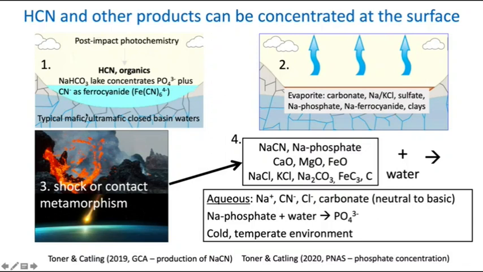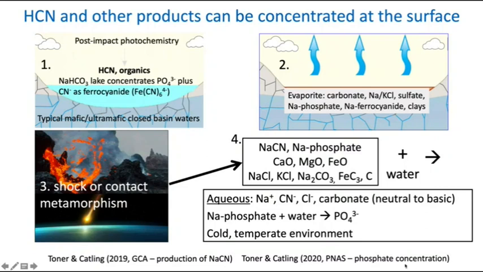And cyanide will form a complex of ferrocyanide in solution. And if the closed basin lake evaporates, then these species will get concentrated. Also, by removing the calcium from solution as carbonate, phosphate that is fluxed in from weathering of the surrounding catchment area can build up to tens of micromolar or even molar concentrations because phosphate is not removed as insoluble calcium phosphate, the mineral apatite.